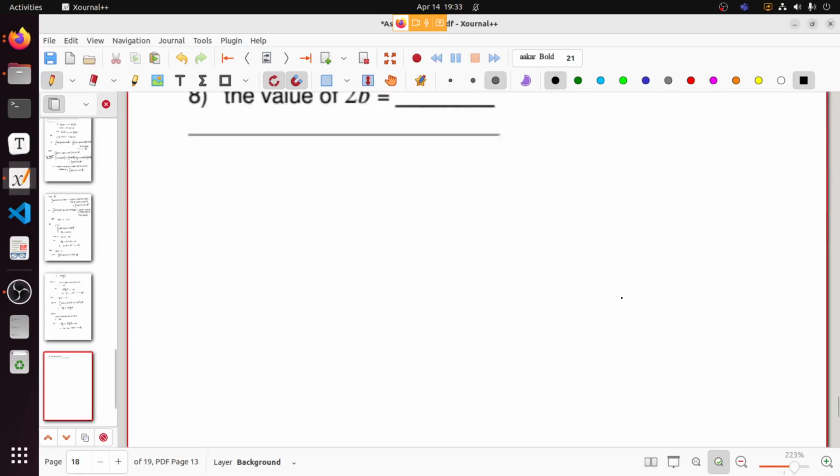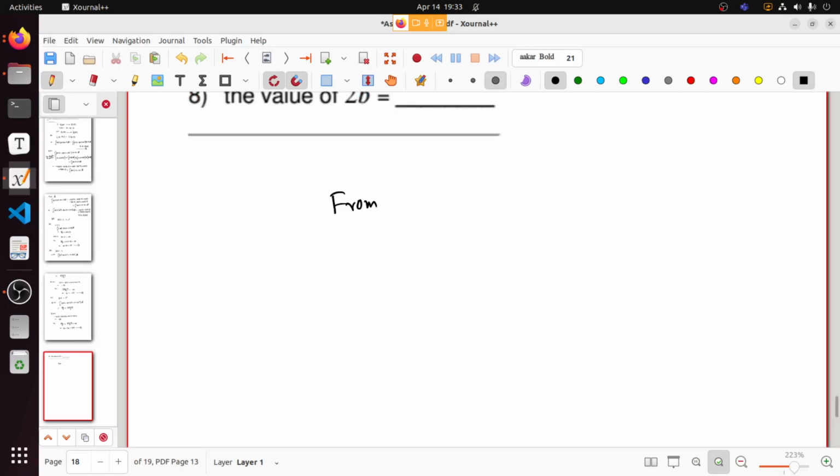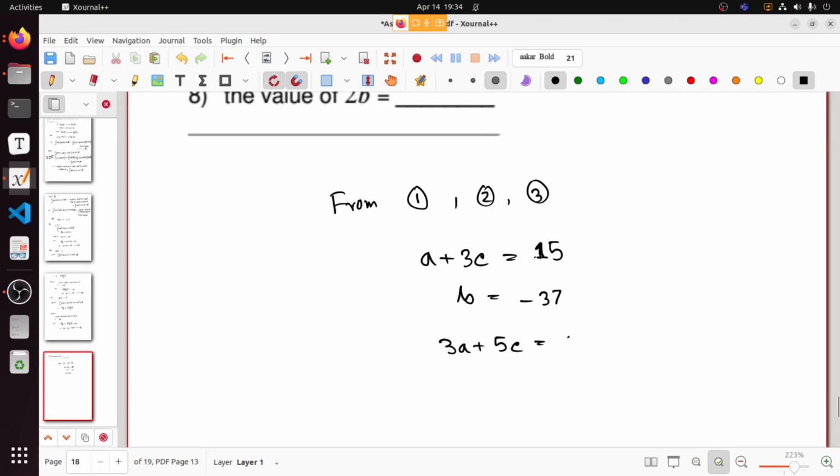So from 1 to 3, what will we get? Let's write it here. B you will get automatically, right? Because b you have simplified. So let's write from 1, 2 and 3. What we have got? a plus 3c is 15, b is minus 37, and last, 3a plus 5c is 315.